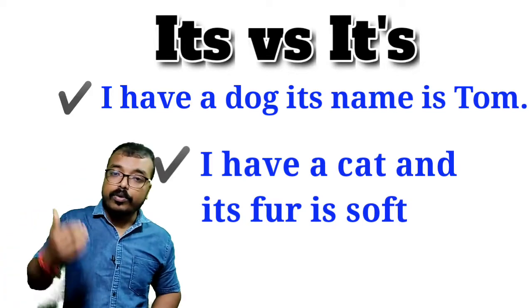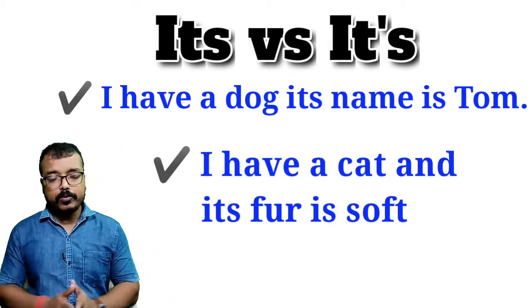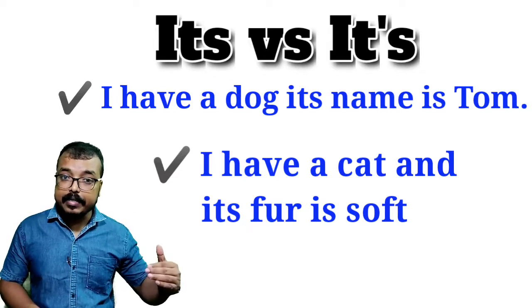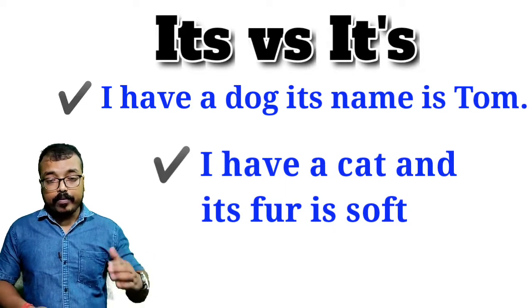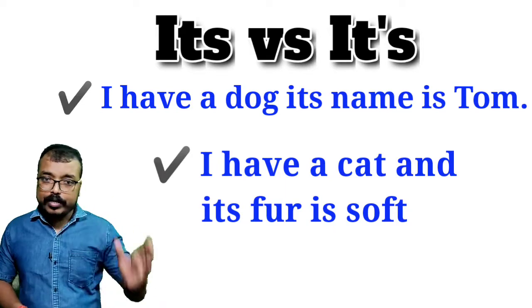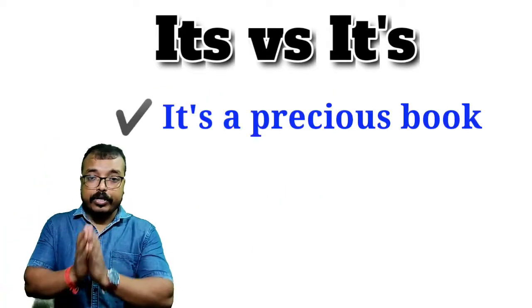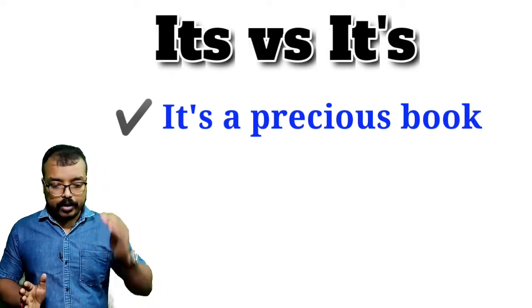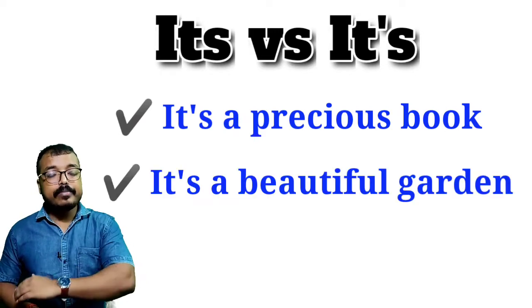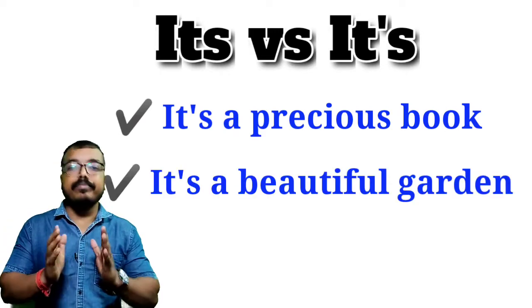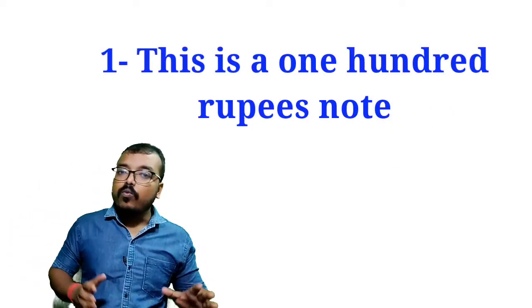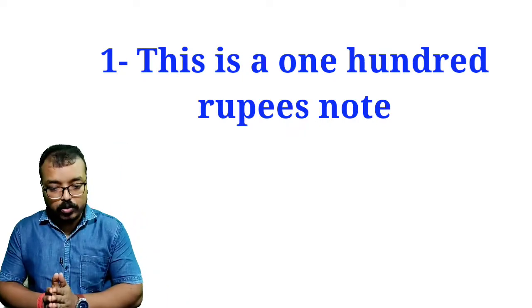Because when we use it apostrophe s, it means that it's a contracted form of it plus is, the be verb. That's why it's is. So you can say it's a precious book, that means it is a precious book. Am I clear? The next one that I had given, it's a beautiful garden, means it is a beautiful garden. I think it's clear.